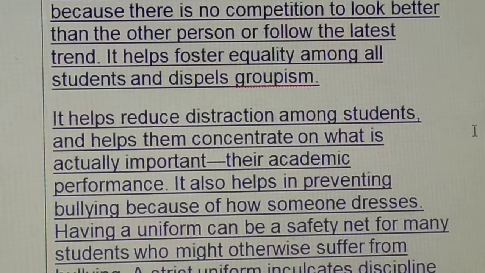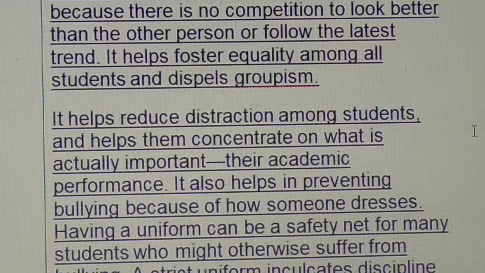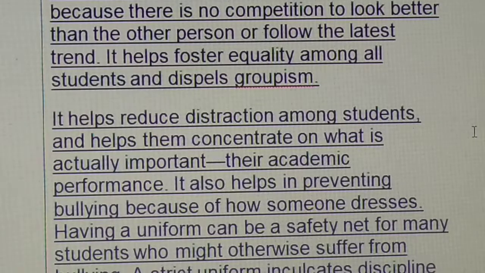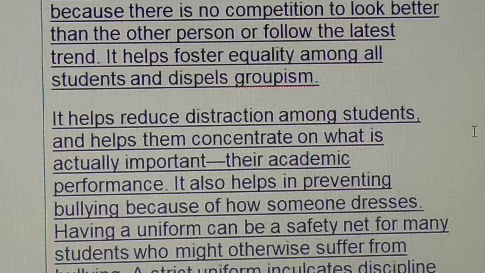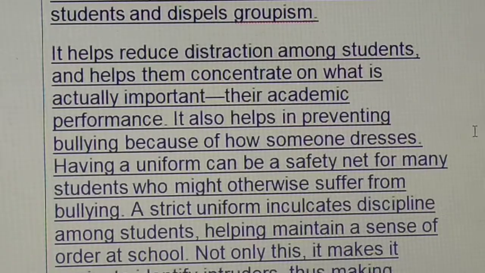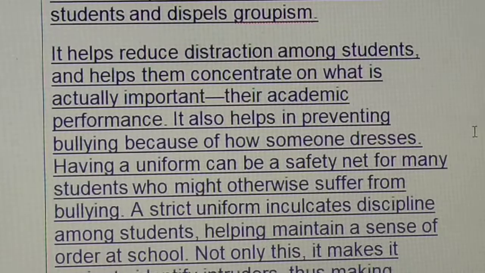It helps reduce distraction among students and helps them concentrate on what is actually important, their academic performance. It also helps in preventing bullying, that means teasing, because of how someone dresses. Having a uniform can be a safety net for many students who might otherwise suffer from bullying.